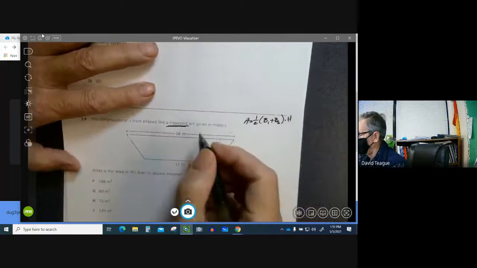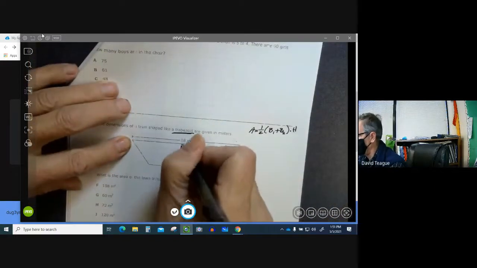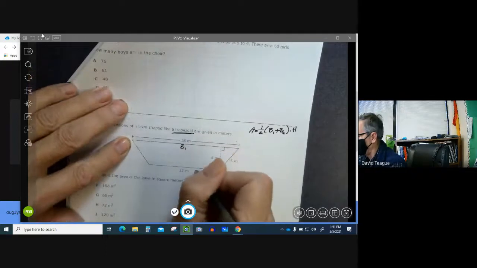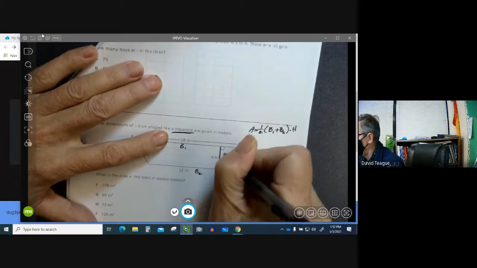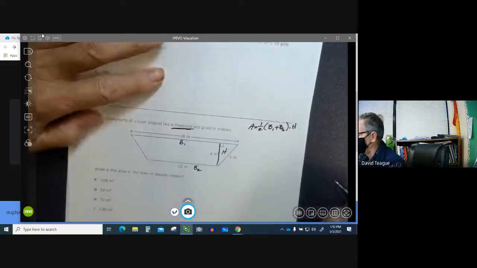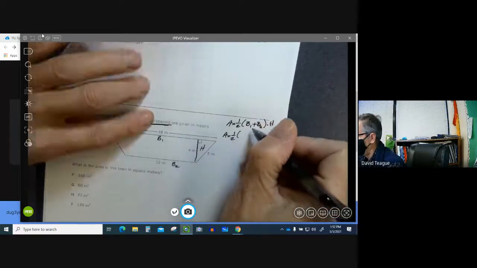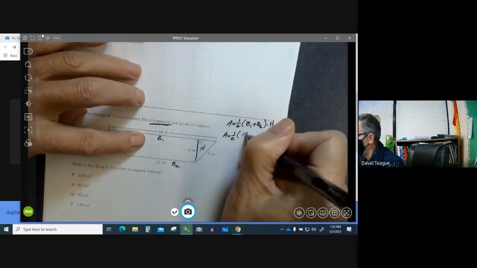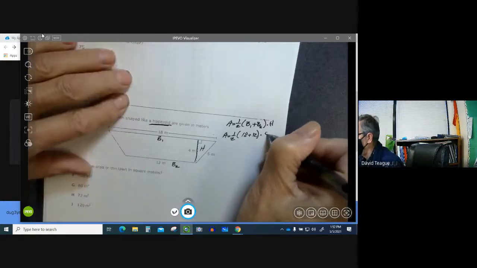You can use either one of these. Let's call this base 1, let's call this base 2, and this right here is your height. So let's just plug our numbers in. Area is equal to 1/2 (base 1, which is 18, plus 12) times 4.